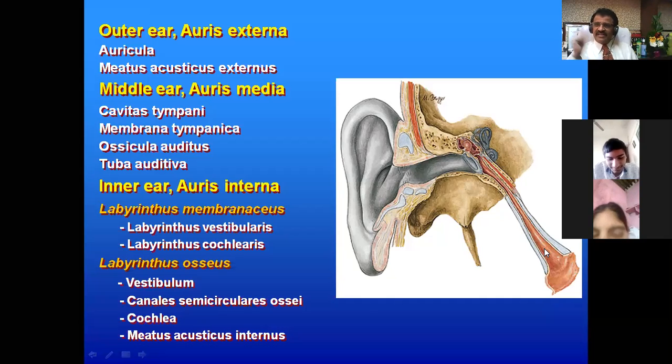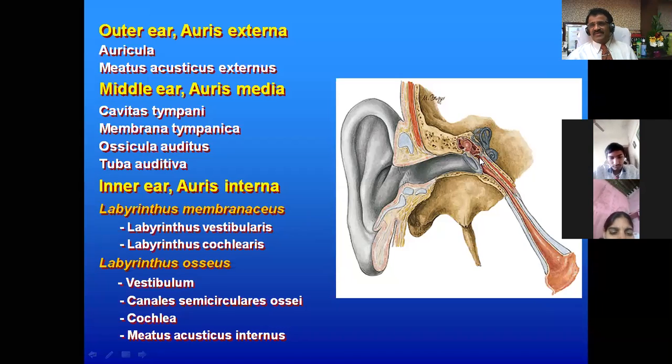So the auditory tube connects the middle ear to the nasopharynx, and it is also called the Eustachian tube, because it was discovered by Eustachius, and it connects the middle ear to the nasopharynx, then the nose and exterior. That means the air which is causing pressure on the tympanic membrane from outside is balanced by air from the nose through the middle ear inside.